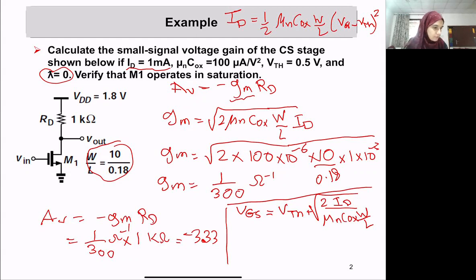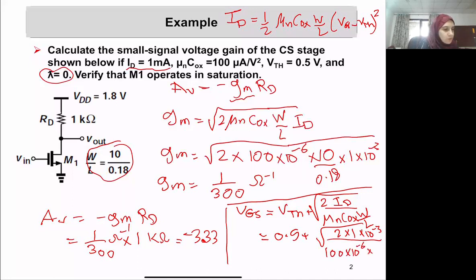So V threshold is 0.5 plus square root of 1 milliamp, 10 to the power minus 3, divided by 100 times 10 to the power minus 6. This is the mu n COX value multiplied by W over L, which is 10 over 0.18.